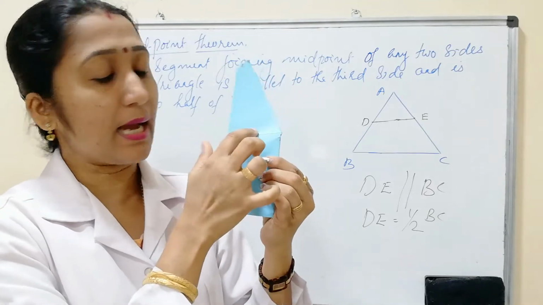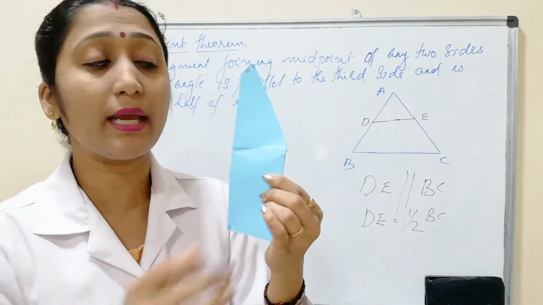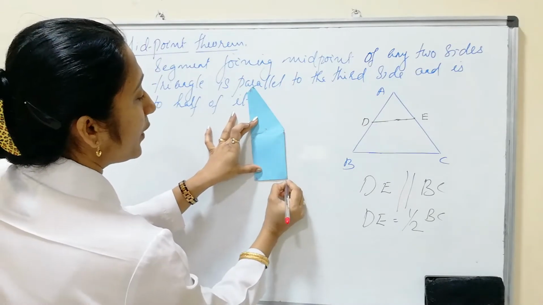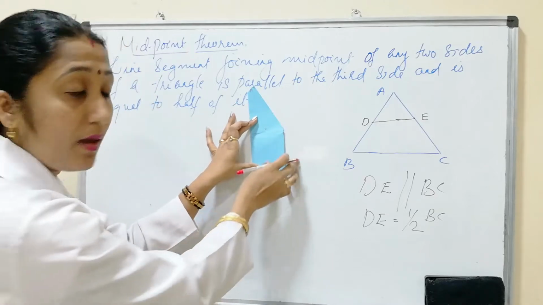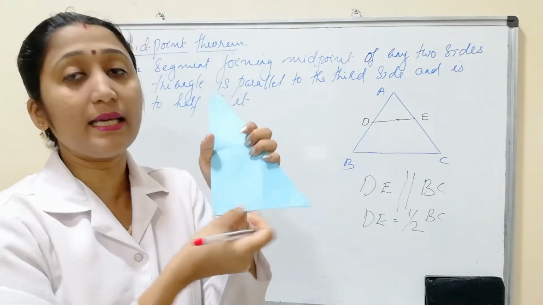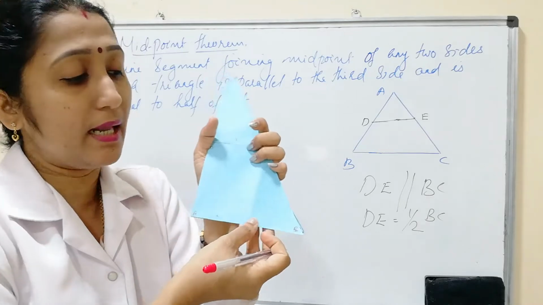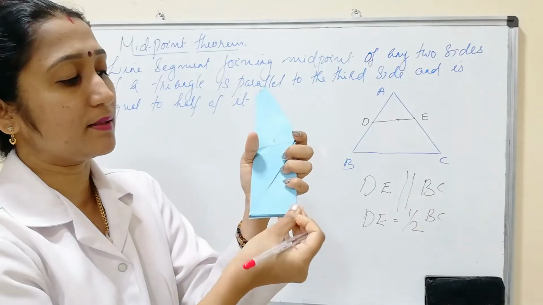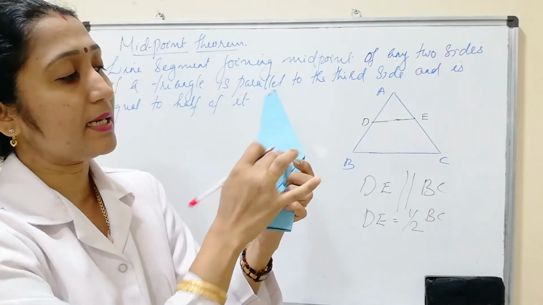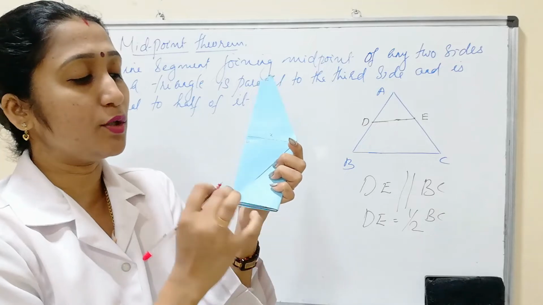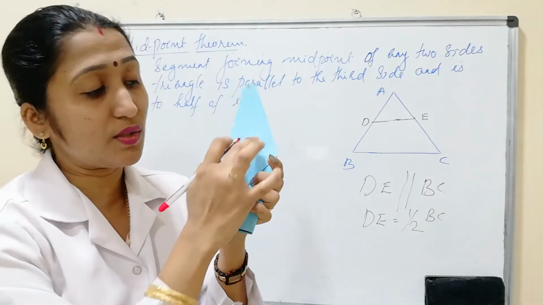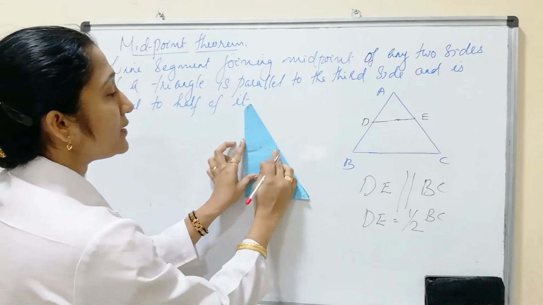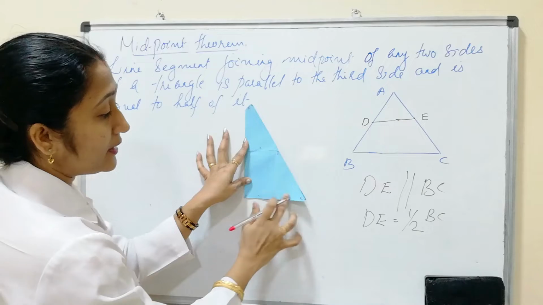This segment DE we take as X, and similarly the other half is also X. Then the BC side: folding it, this is the midpoint, so this part is also X, and the part from the midpoint to C is also X. So DE equals X and BC is 2X.